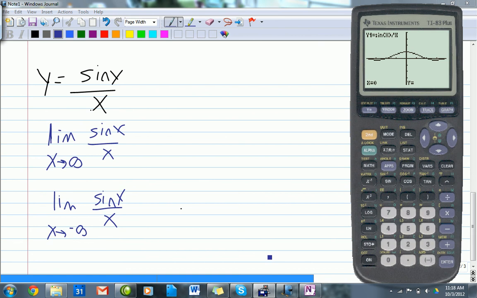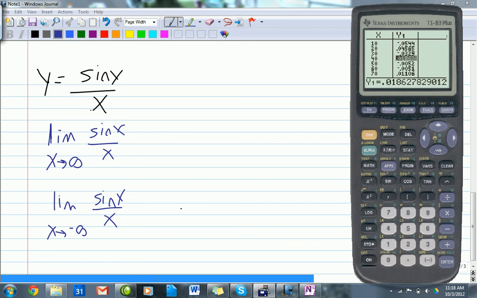So what I'm going to do is set up the table for sine x over x. I'm going to start maybe at 10 and go up in increments of 10. I'm going to see what sine x over x is doing as x is getting bigger and bigger. And it's not very big jumps, right?